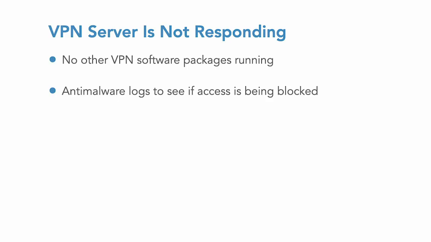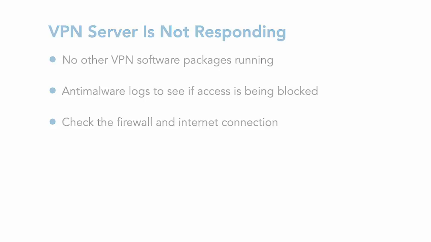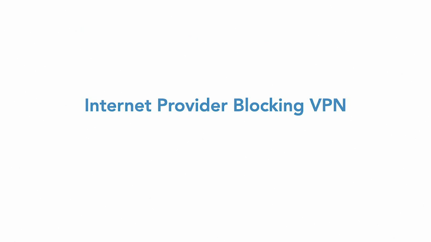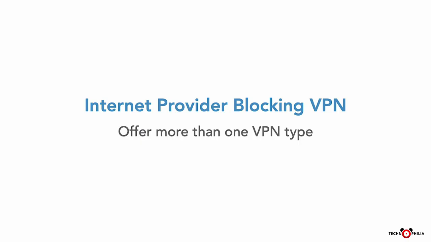If no one can access the VPN, then check your firewall and internet connections. You can also have the client do a trace route from the client to the server to see where it stops responding. If the internet provider is blocking your VPN, then you should offer more than one VPN type. If using IPSec, then also offer SSL VPN or L2TP VPN. Then the client can use whatever works best for them.